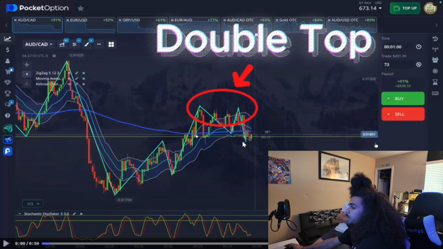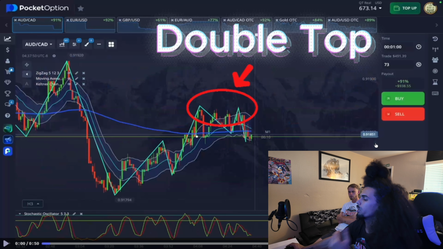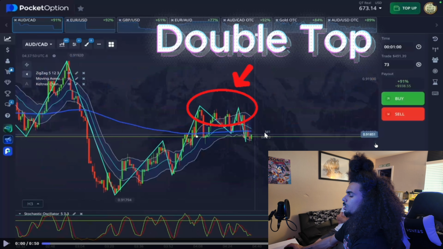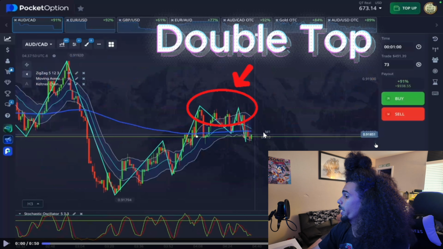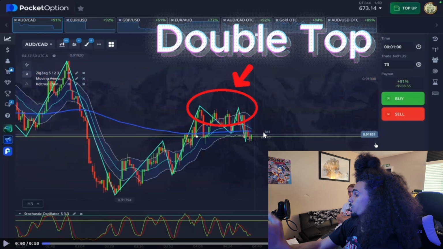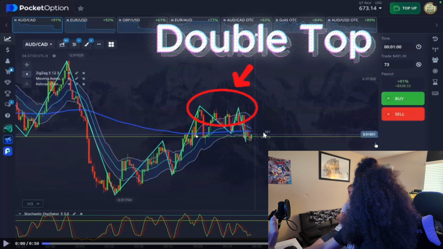It came past this previous resistance that was there. If it would have held there, that would have then turned to a double bottom, but it broke past that this time. So since it broke past this, I'm looking for it to come back up and use this as the resistance to come back down.